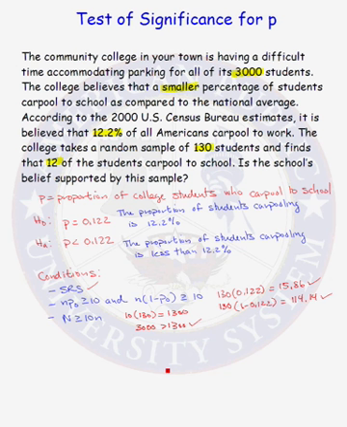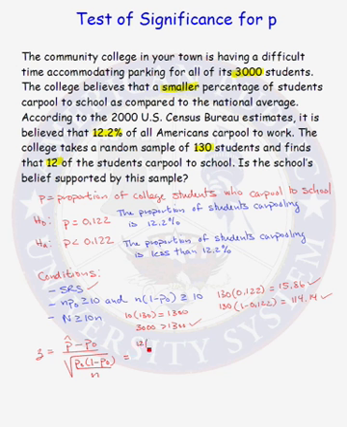We are now ready for our z-test statistic. What is the formula for our z-test statistic? It's p hat minus p naught divided by the square root of p naught times 1 minus p naught over n.